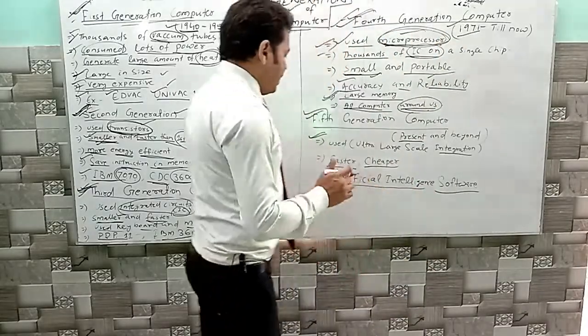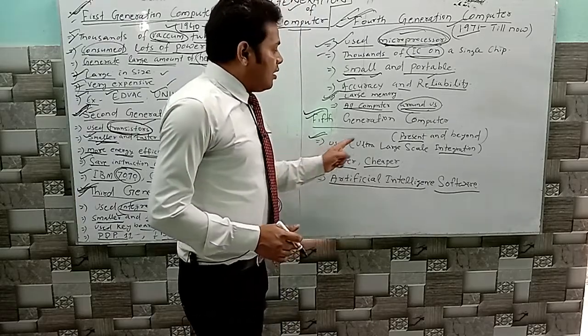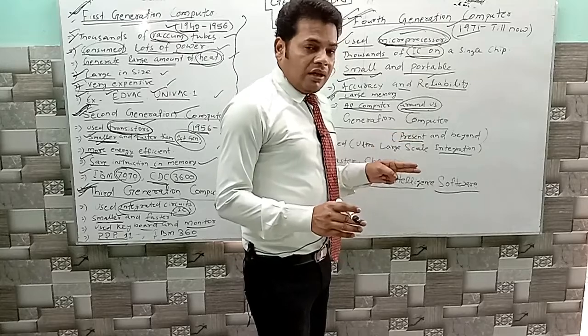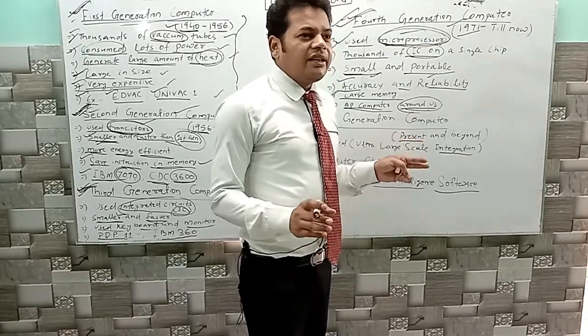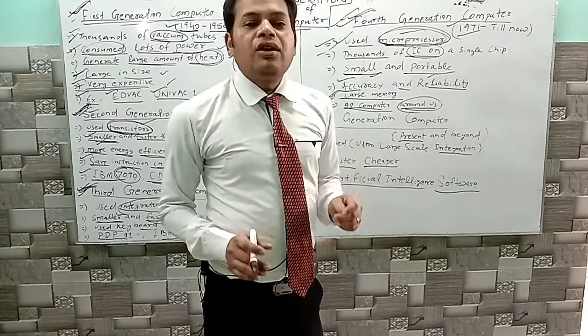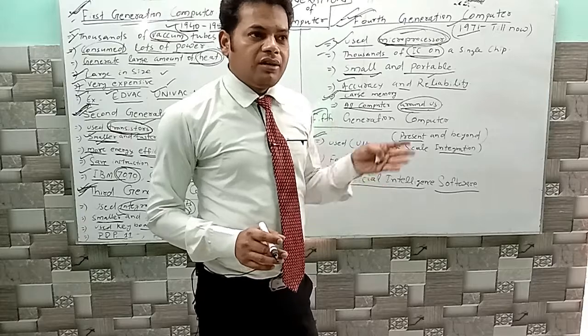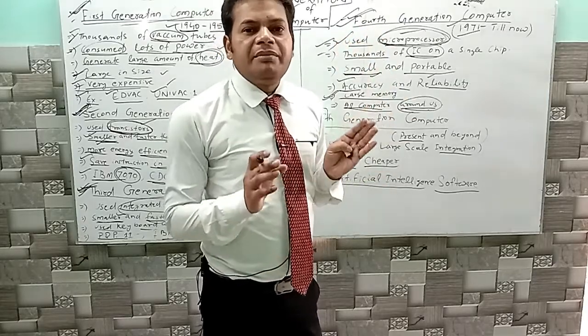Okay students, then go for the fifth generation of computer. This computer is also very much used right now. Just take the example of robots, which are used in many places.